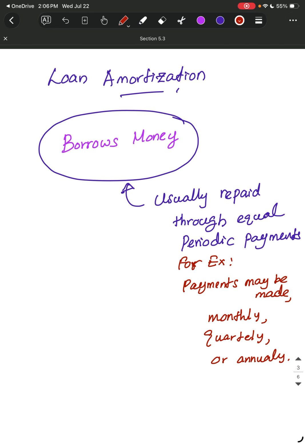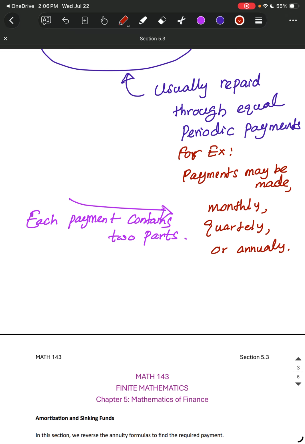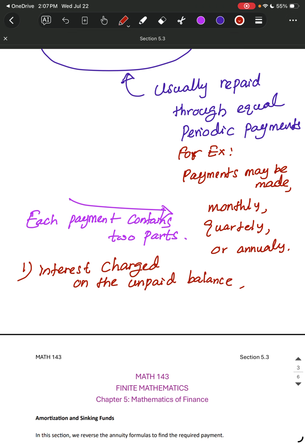So each payment contains two parts. The first one is interest charged on the unpaid balance. Second, the repayment of part of the principal.